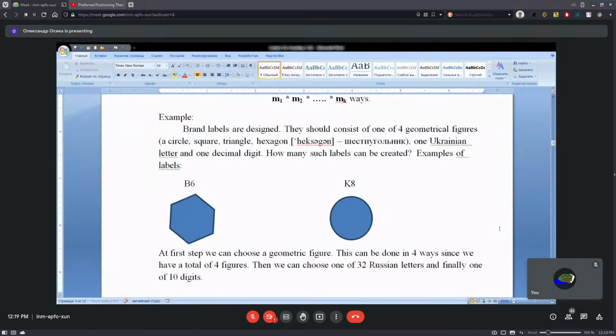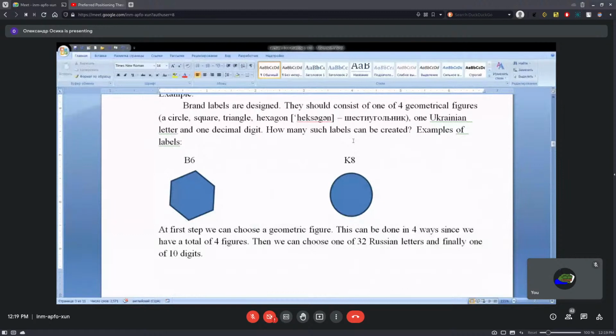How many such labels can be created? Examples of labels: V6, and hexagon, K8, and so on.